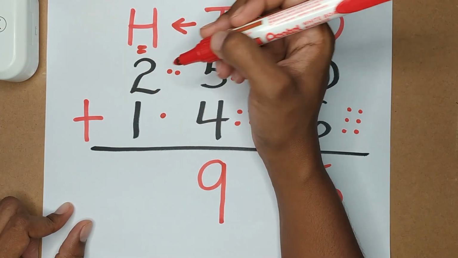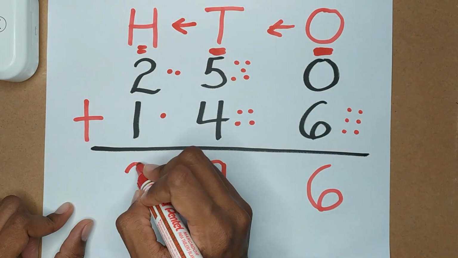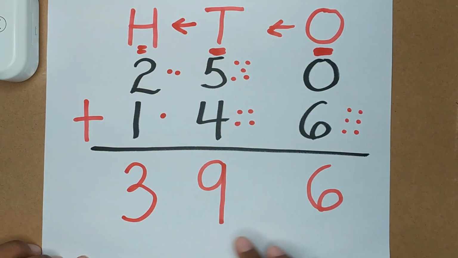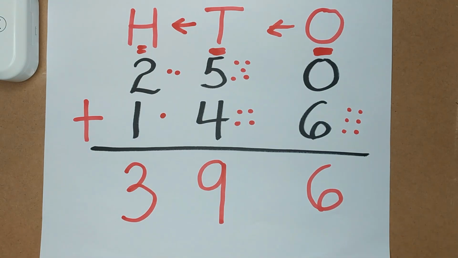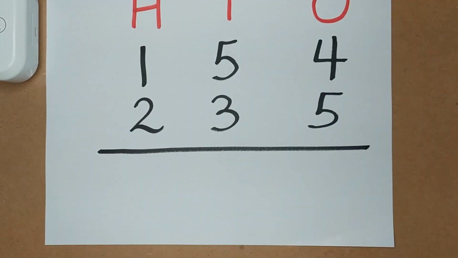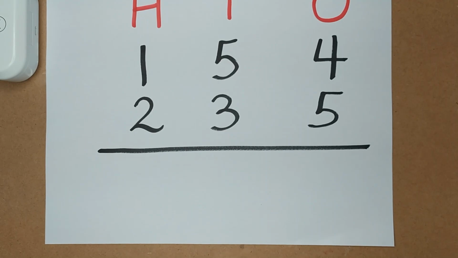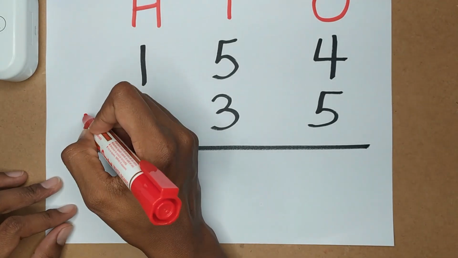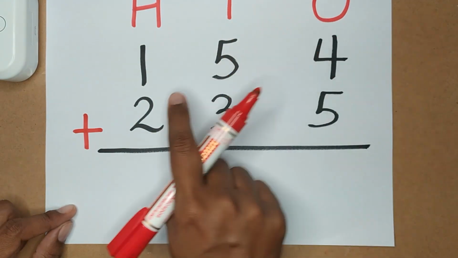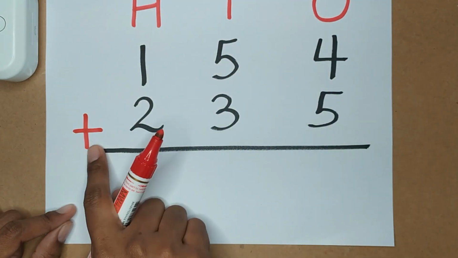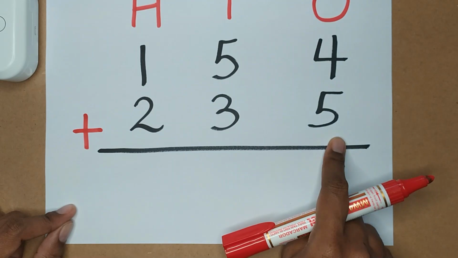Number 5, we have 154 add 235. We start with our ones column and we're keeping it nice and neat. 4 add 5 is 9.